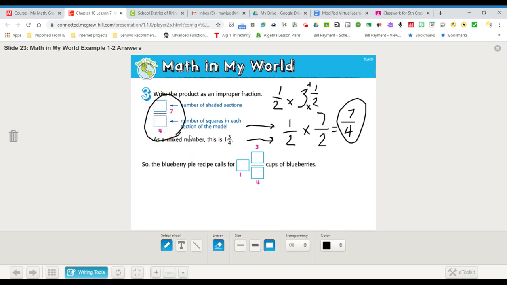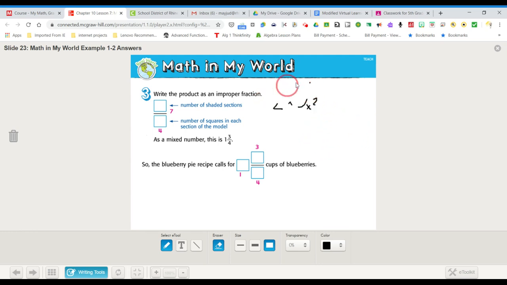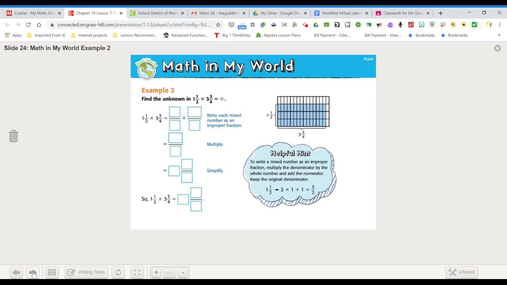So that's where that 7/4 comes from when you do it just using the numbers and doing it numerically versus drawing it out. So today's assignment, I'm going to let you do it either way. I think it's personally easier just to do the numeric way rather than draw it all out.